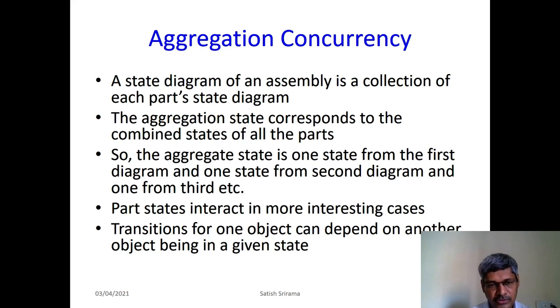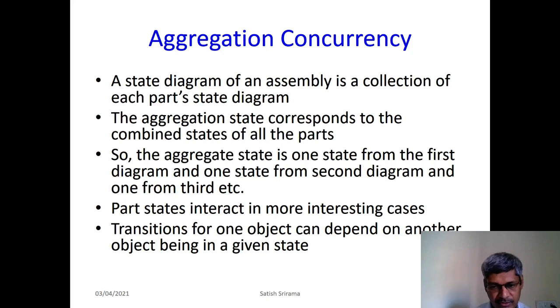We'll see that in an example, again with the car example. The aggregation state actually corresponds to the combined states of all these parts. So the aggregate state is one state from the first diagram, one state from the second diagram, one state from the third diagram, etc.